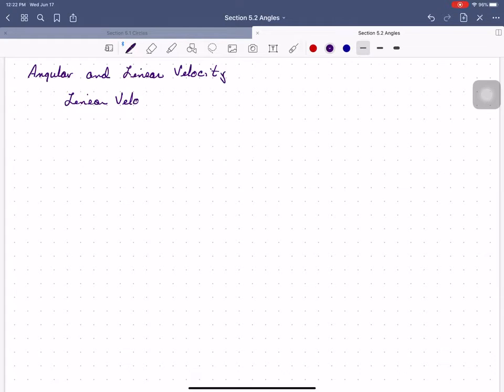Linear velocity is simply distance divided by time. Now, we're going to use s because we're talking about linear velocity as we're going around the circle. So my linear velocity is the arc length that I travel around my circle divided by time.